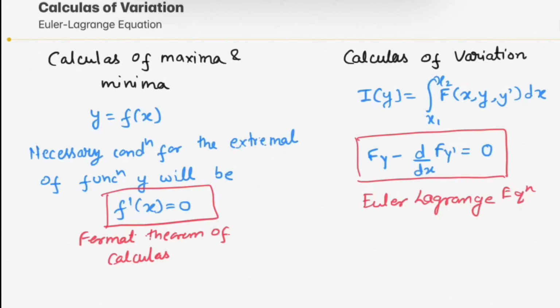Okay, all the preparation is done. Now let's derive Euler-Lagrange's equation. Suppose we have the functional I(y) equals integration from x1 to x2 f of x, y, y prime dx.